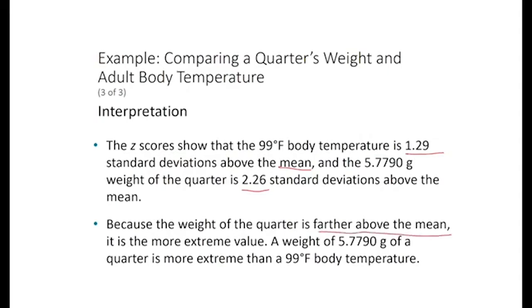More extreme means it's highly unlikely; the chance is very low.